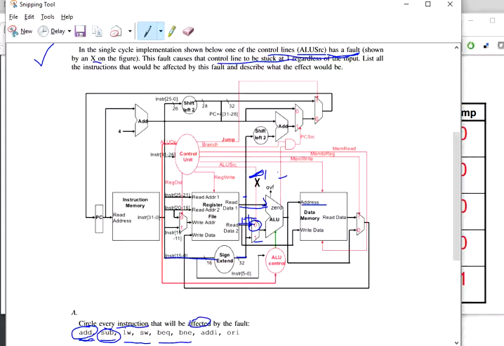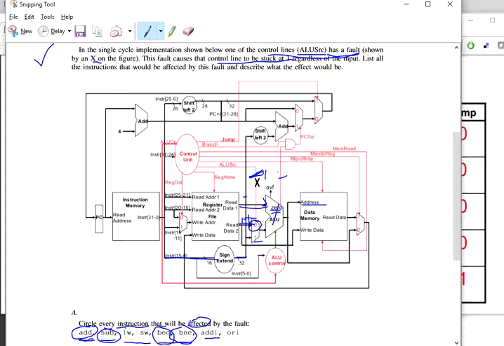It might not be the value when you want to jump. So BEQ is definitely at fault, and BNE, which is very similar, is also at fault because BNE is just the opposite of BEQ. For BNE, we're comparing if it's not equal to, whereas for BEQ, we're comparing if it's equal to. So BNE is also at fault.